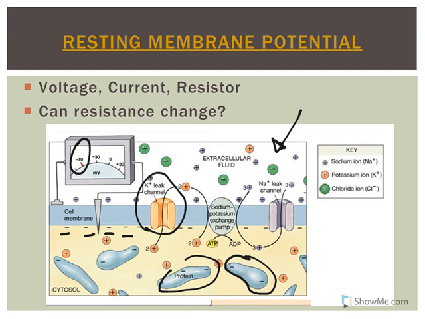The way we do it is we open or close certain channels, which allows movement of ions across and can disrupt that membrane potential. So this resistance can change because we can change what type of channels are open or not.